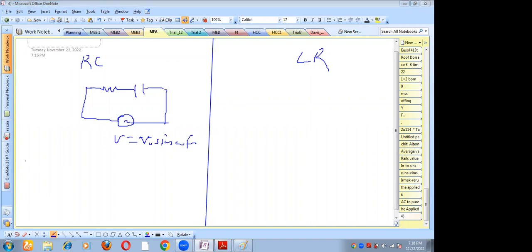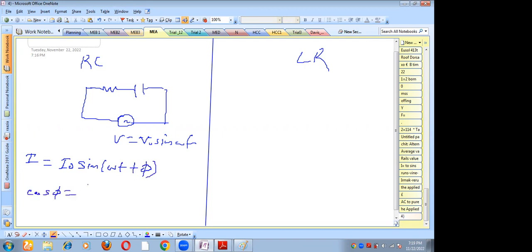Correct. So here what we can write, in purely capacitive, you add pi by 2. Here what we will do, we will write it like that. I is equal to I naught sin(omega t plus phi), where cos phi is R upon Z. What is Z?